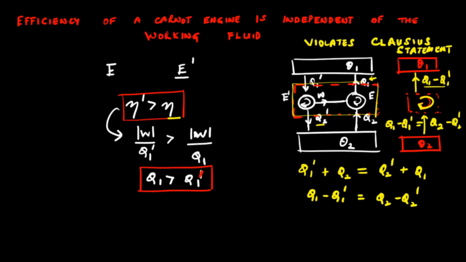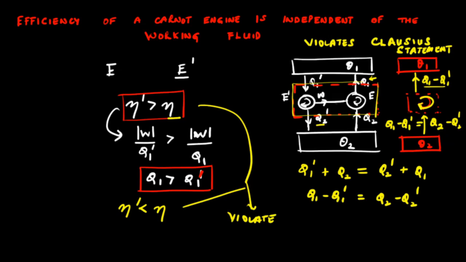Similarly, we can switch the roles of E and E prime, and we can say that if we assume that the efficiency of engine E prime is less than the efficiency of engine E, then again it will be a violation of the Clausius statement. So both of these statements violate the Clausius statement.